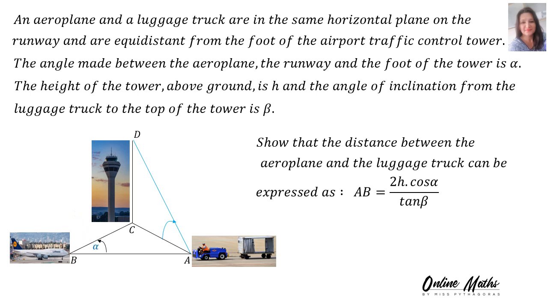The height of the tower above ground is h, and the angle of inclination from the luggage truck to the top of the tower is beta. Show that the distance between the aeroplane and the luggage truck can be expressed as AB is equal to 2h cos alpha divided by tan beta.